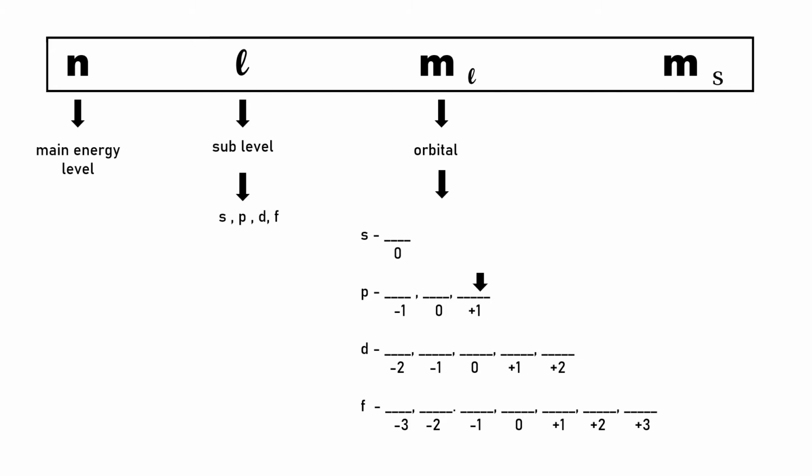If it is D sublevels, it has 5 orbitals. So this is between -2 to +2. So that is -2, -1, 0, +1, +2. And last, we have the F sublevels. So it has 7 orbitals, which varies from -3 to +3.